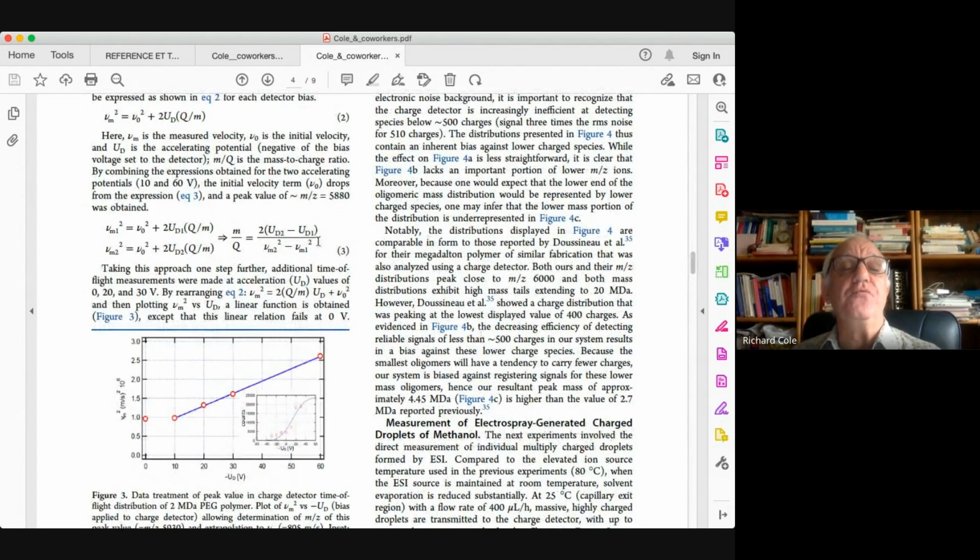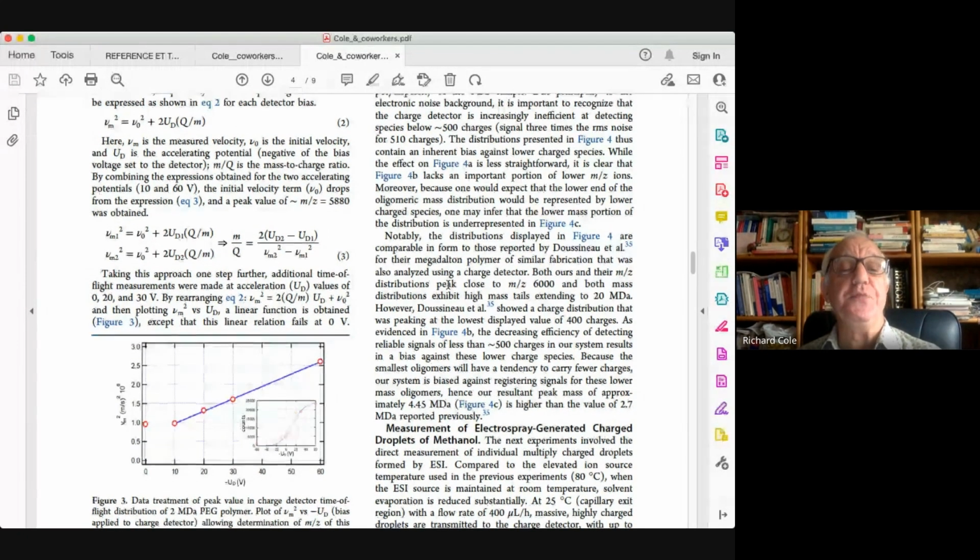What we did then is we're not just going to rely on two measurements. Here, I've looked at the peak value of our 2 Megadalton PEG polymer and measured what velocity corresponds to the peak value for that PEG polymer mixture at various acceleration voltages.